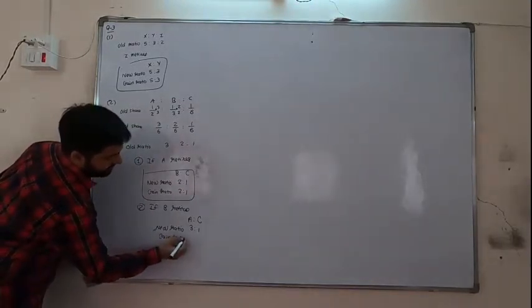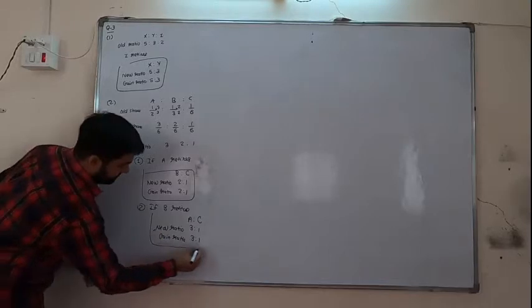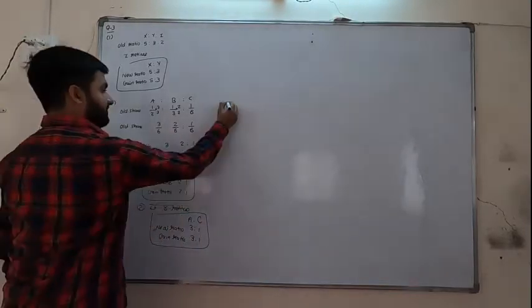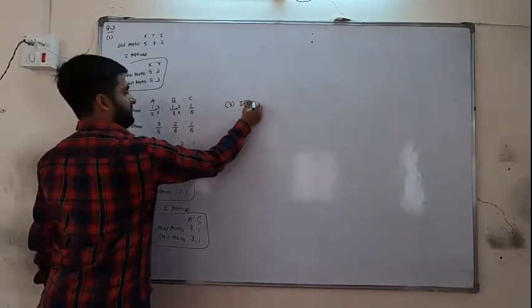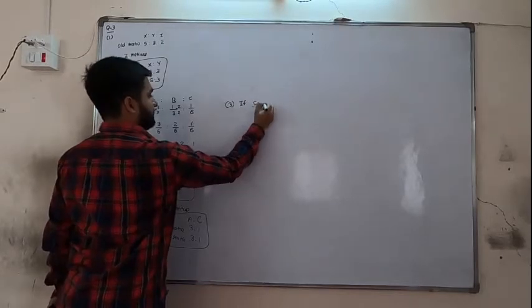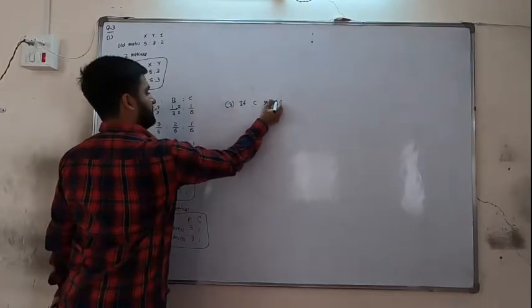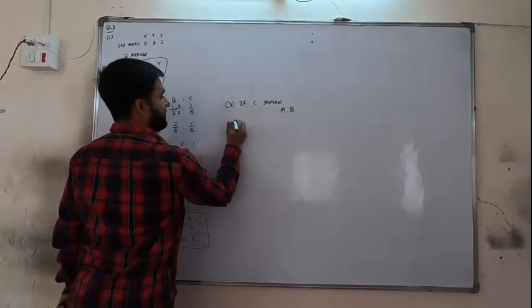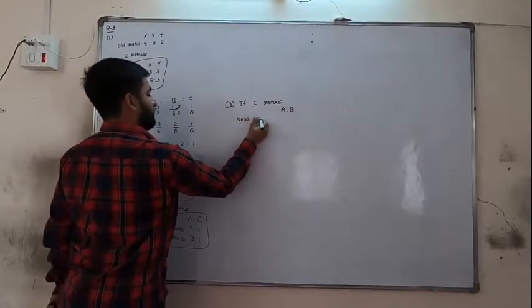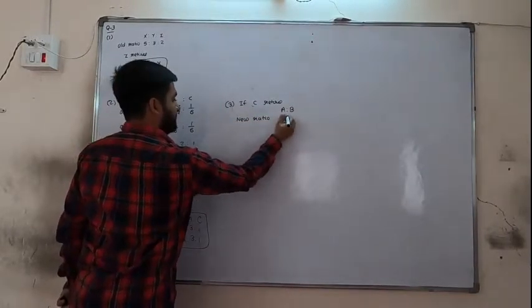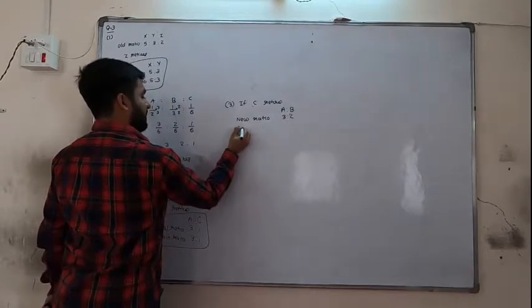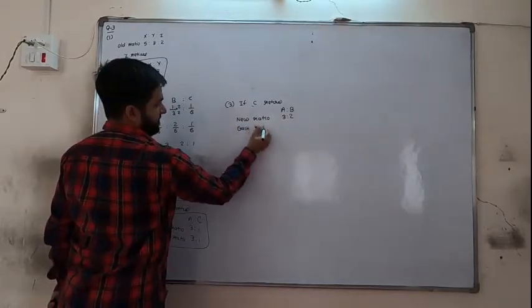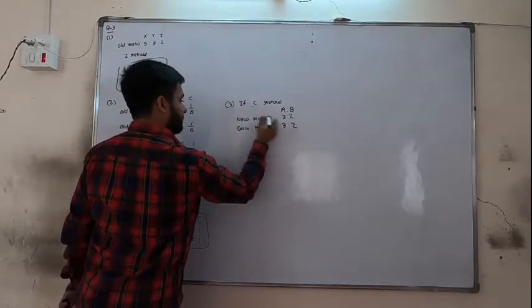And gain ratio would also be 3:1. In the same way, if C retires, then who will remain? A and B will remain. So new ratio would be 3:2 and gain ratio would also be 3:2.